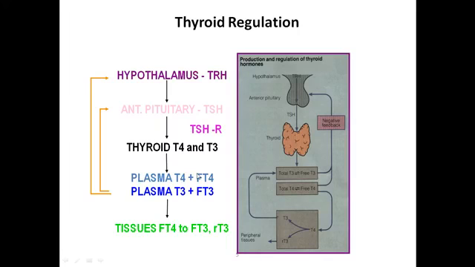But in case of primary causes, T3 and T4 will be decreased, and it will act on the hypothalamus that we are less, please synthesize more TRH, more TSH. In this way we will synthesize more T3 and T4. So in the primary disorder, T3 and T4 will be decreased, but TRH and TSH will be increased.